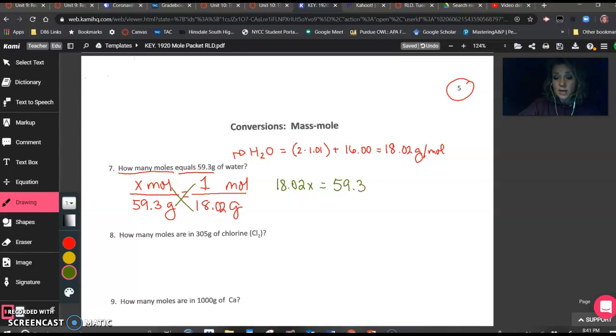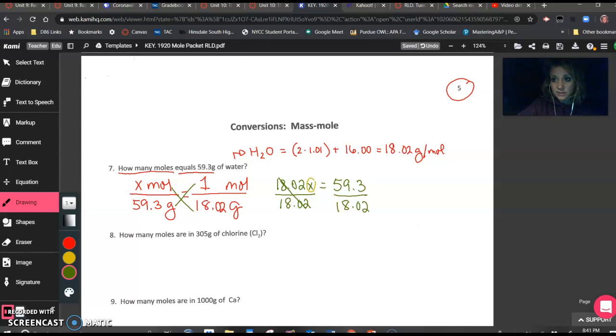But now in these problems, I have to isolate x so that it's by itself. So I need to divide both sides by the number that is in front of my variable. So I'm going to divide both sides by 18.02. And these are going to cancel so that x is by itself.